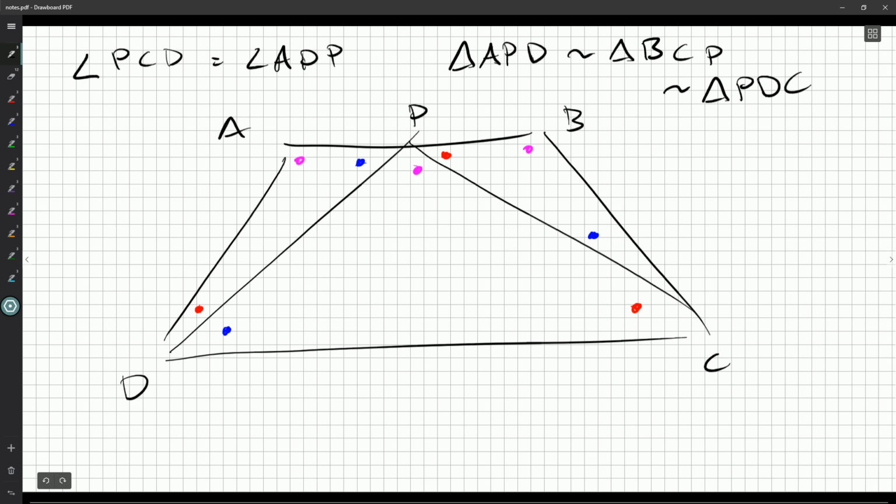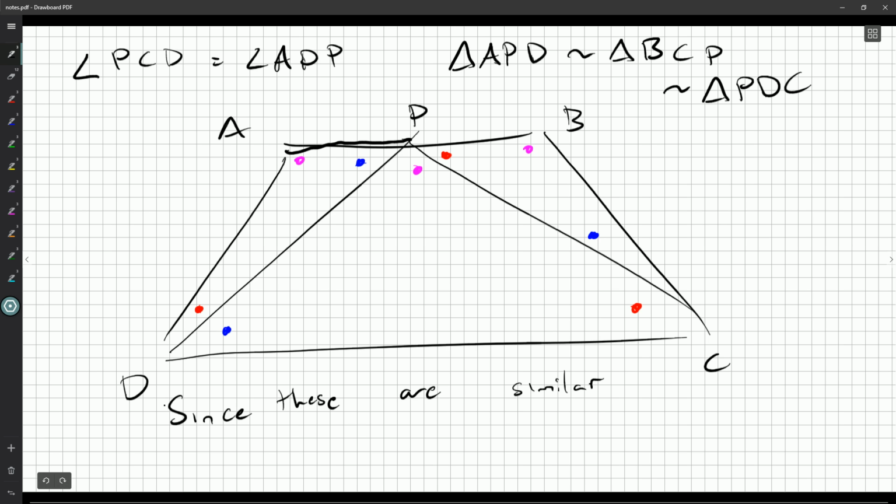Since these triangles are similar, what can we see? Well, we want to talk about AP, PD, or DP, CP, and BP.